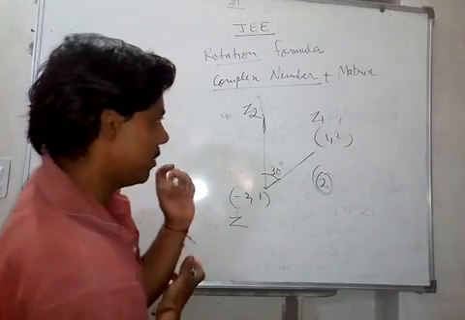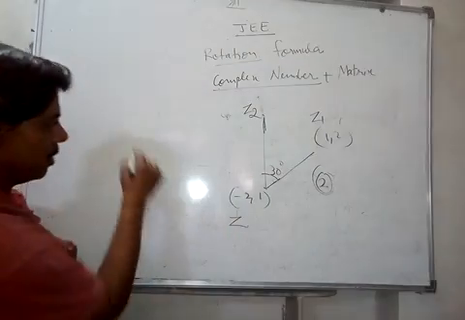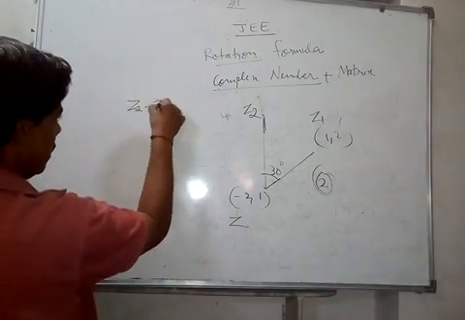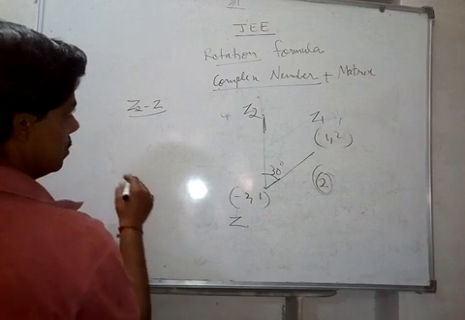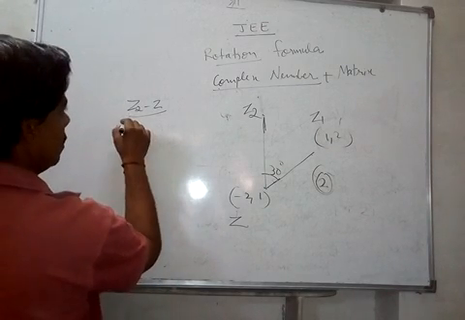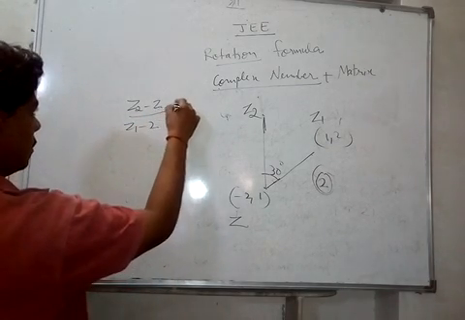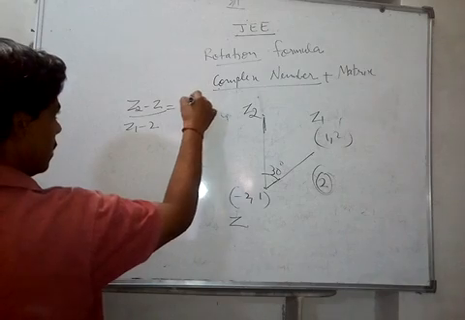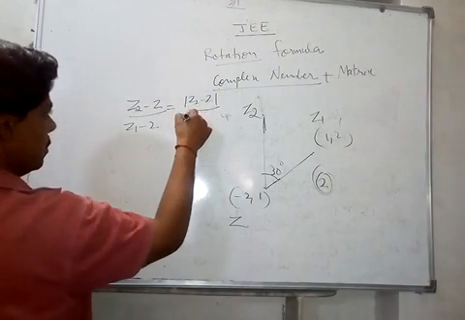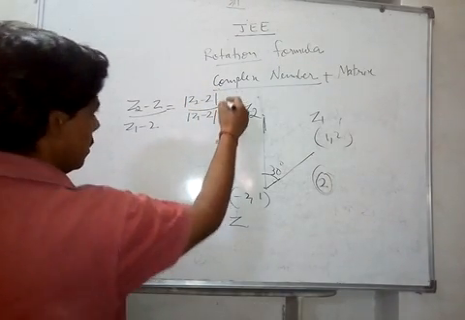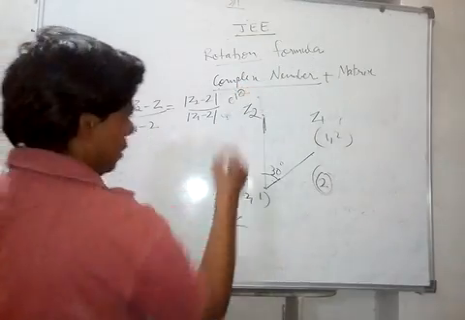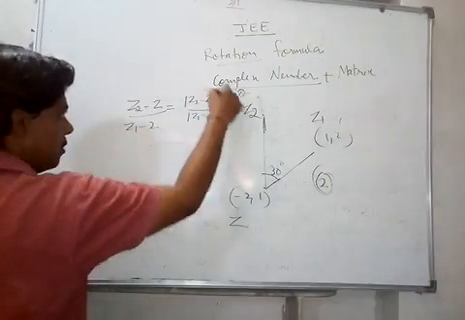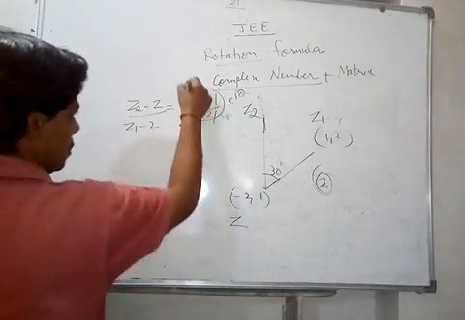So what I am doing here is applying this formula: z2 minus z upon z1 minus z is equal to the mod of this complete z2 minus z upon z1 minus z, times e to the power iota theta. Now the important point is, you already know the scale factor is 2, so this we can write as 2.